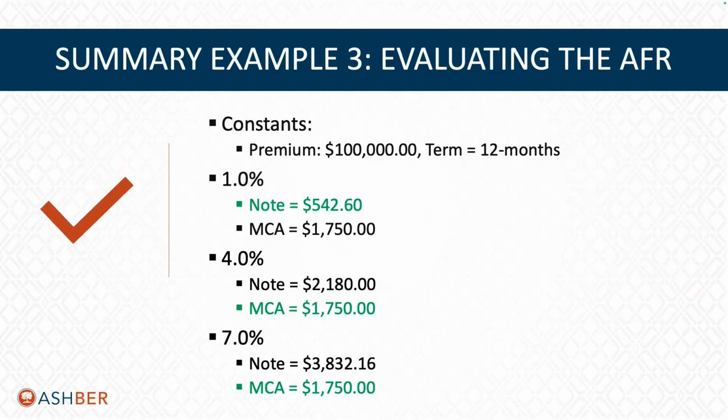So going through the summary on this one, again, we see at 1% the note is easily favored, but 4% and 7% tend to favor the annuity. I didn't do a formal calculation here on the break-even point, but I think around 3.5% might be a near break-even point for an AFR.